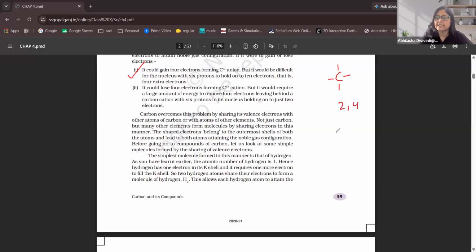What does it mean? It has a total of six electrons, 2 plus 4, but valence electrons are only 4. So only these electrons are available for any kind of bonding.